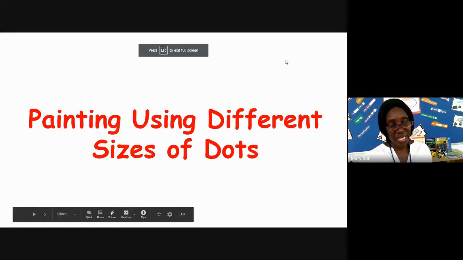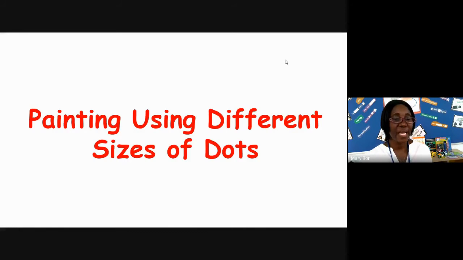So let's go to our lesson today. Today's lesson, we are using different sizes of dots to paint. That means we are changing our brush sizes frequently. We need to produce a painting that shows different sizes of dots.